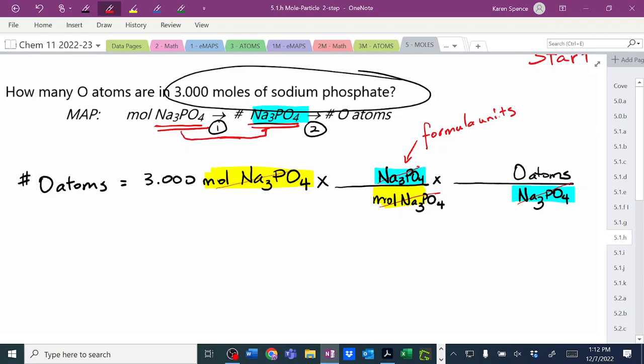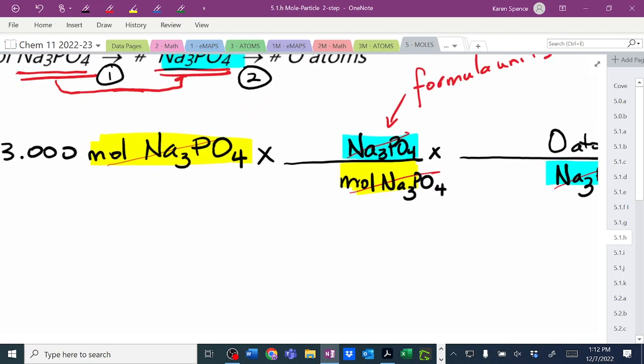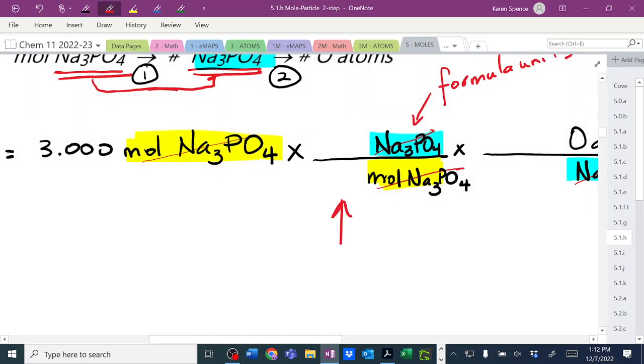What numbers are going to go in here? What number goes with the mole? 1. In fact, almost any time until we get to stoichiometry, when you have moles, it's always going to be 1 mole, okay? When you're doing it as a conversion factor. And what number goes with the formula units? And this is why I said I did not leave myself enough room.